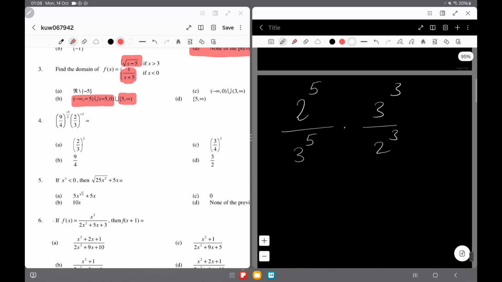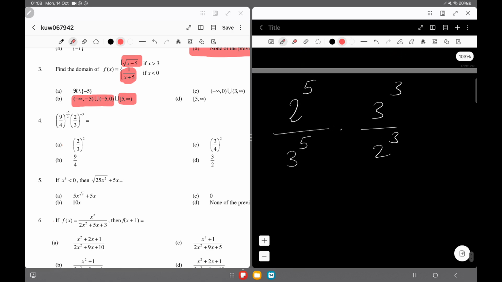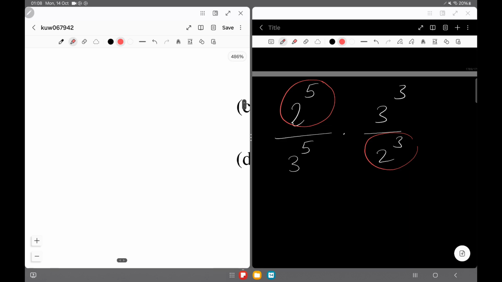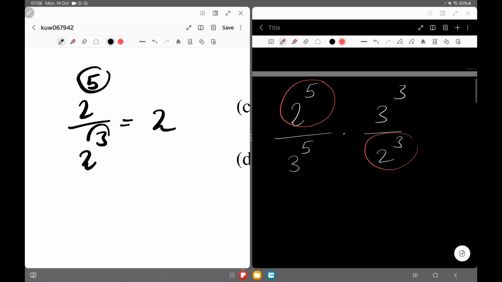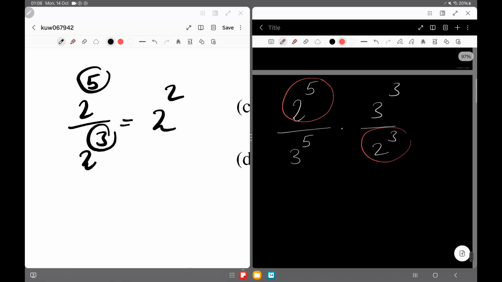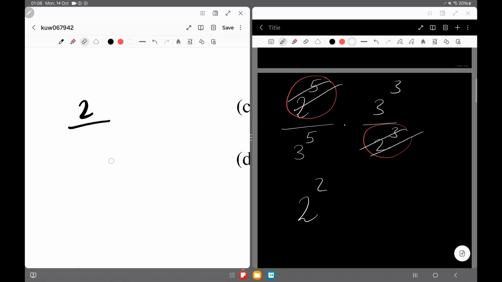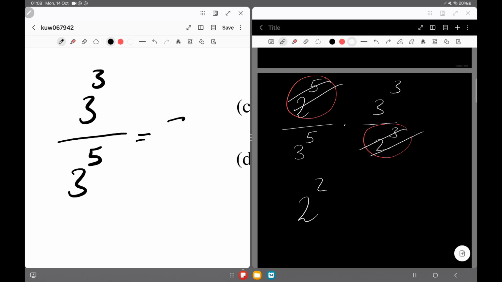So it's really easy, we just have to cancel. So this is 2 and 2. We will write it down: 2 to the power of 5 over 2 to the power of 3 equals 2 to the power of 5 minus 3, that means 2, right? So I have to write 2 to the power of 2. Cancel this with this, as well this with this. 3 to the power of 3 over 3 to the power of 5 equals 3 to the power of 3 minus 5, which is minus 2, right?